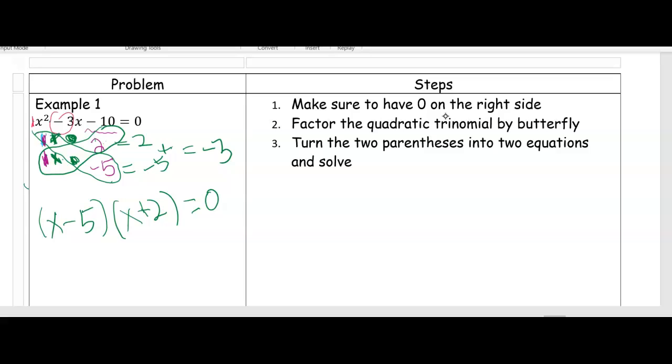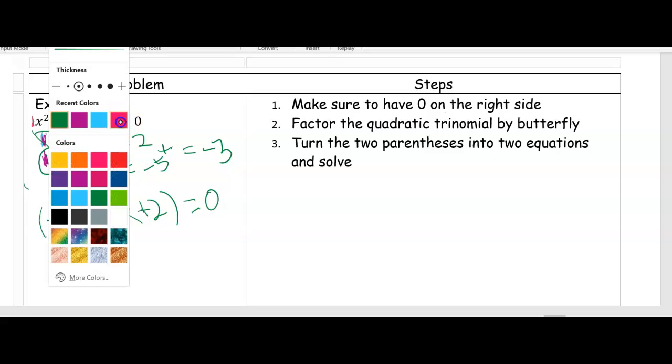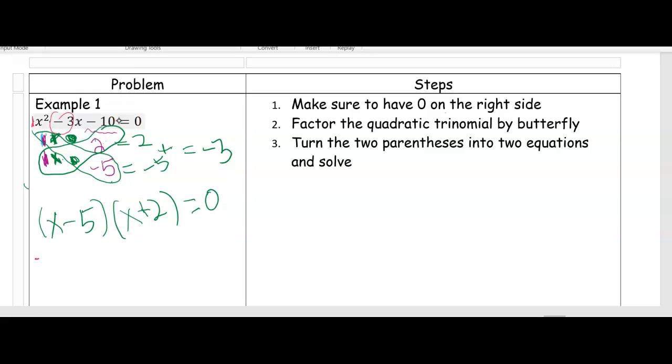And then we know, let me write it down here. So here we have two parentheses multiplied together giving you 0. It means what? It means if you have a 0 here, 0 times whatever is 0. So if x minus 5 equals 0, it makes this equation true.